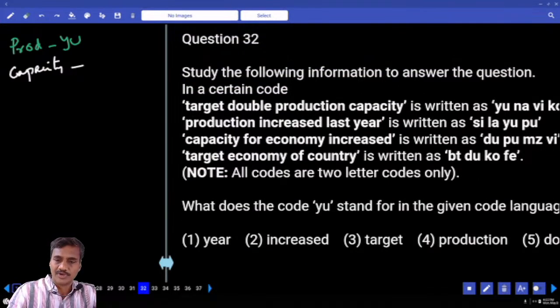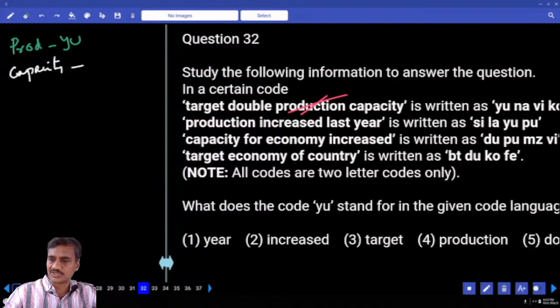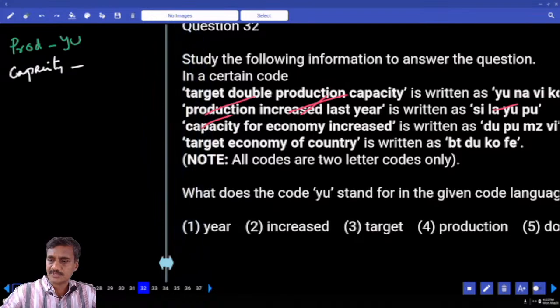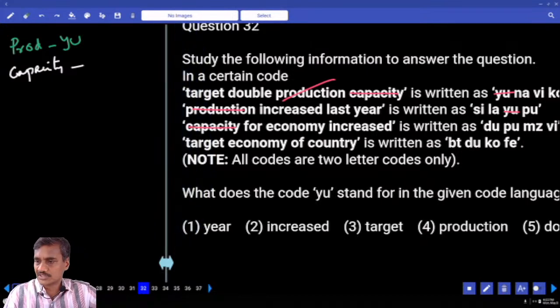Then here production, what is the code for production here? Production is YU. Then if you compare the first and the third, capacity, here again capacity. And what is the code that is common? VI. Now VI is common between these two.